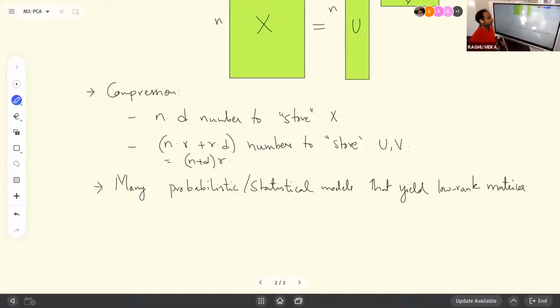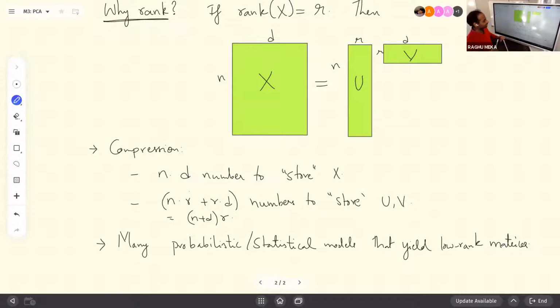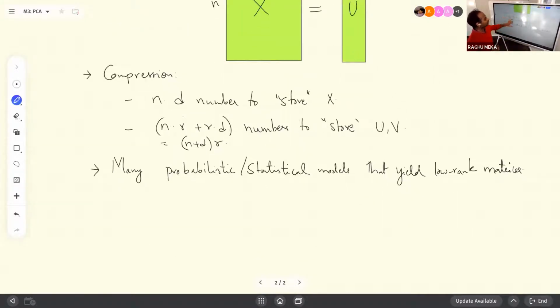Often, there are many important models, something like latent semantic indexing, where the underlying model for how the data was generated would tell you that you must have started with a low rank matrix and then added some noise. So in that sense, trying to find a low rank representation of our original matrix is a very nice thing to shoot for, both in terms of computational advantages, one facet of which is just storage, the other facet being the statistical properties. And as you'll see, even in terms of time complexity, a low rank is very advantageous. Okay?